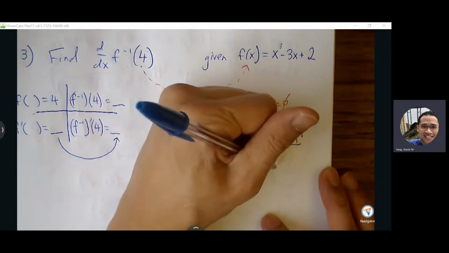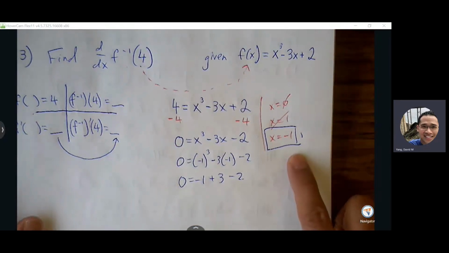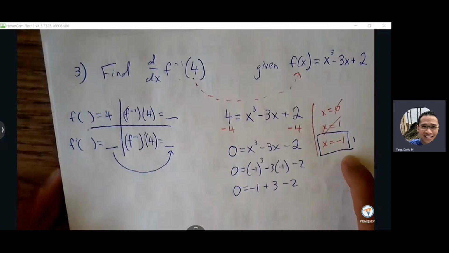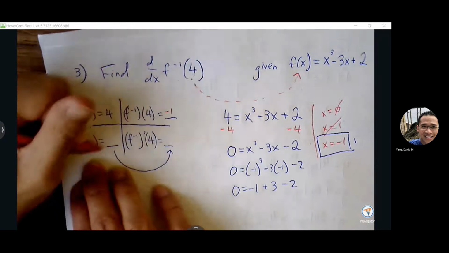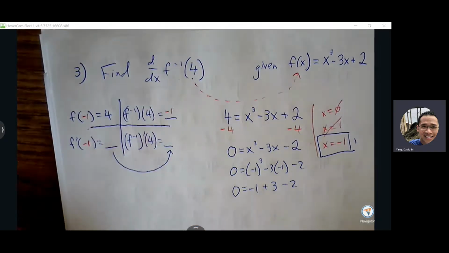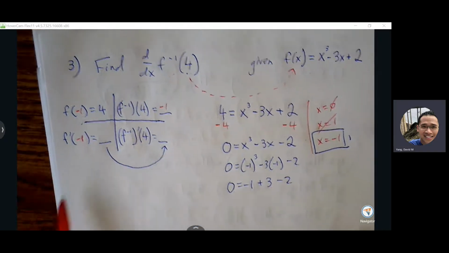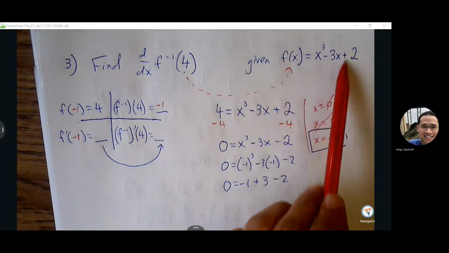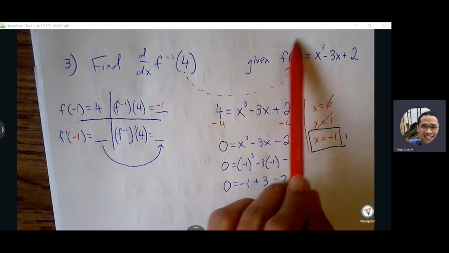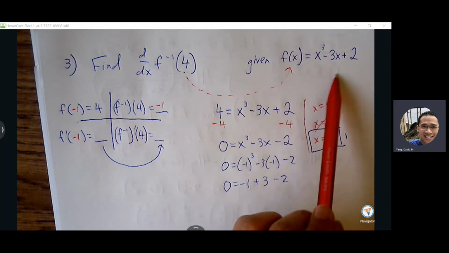Okay. But we understand that this is how we find the appropriate x value. So now that we have things set in place, now we can go to our derivative. Find the derivative, evaluate the derivative, and then find the slope.